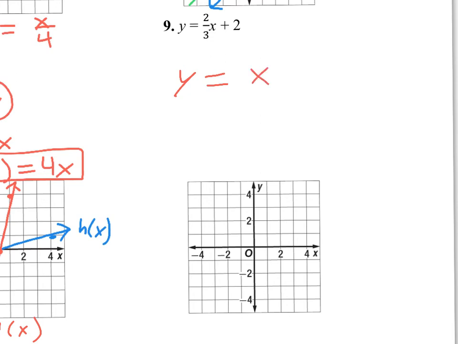And you have to go in reverse order. So what's the inverse of increasing it by 2? Decreasing it by 2. What's the inverse of multiplying by 2/3? Multiplying the whole thing by 3/2. So the inverse is 3/2x minus 3.